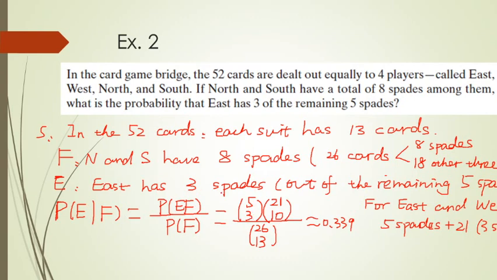But how about the other 10 cards for east? So for the player east, he is supposed to have 3 spades and 10 cards from the other 3 suits.